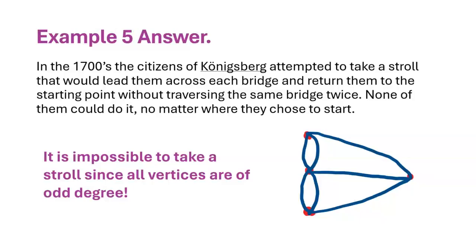The one on the right, the furthermost, has degree 3 because it has 3 connections or 3 edges. And on the top, also degree 3. The bottom one also degree 3. And the middle one has 5. So it is impossible to do one of these Euler circuits in this city. And the graph represents that.